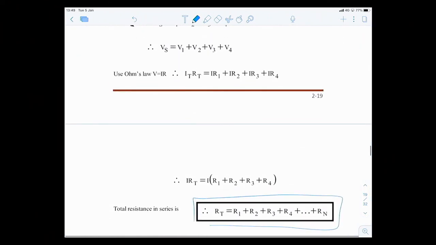Okay, so this is the formula that we all know by heart. The total resistance, when we have resistors connected in series, you just add them up.